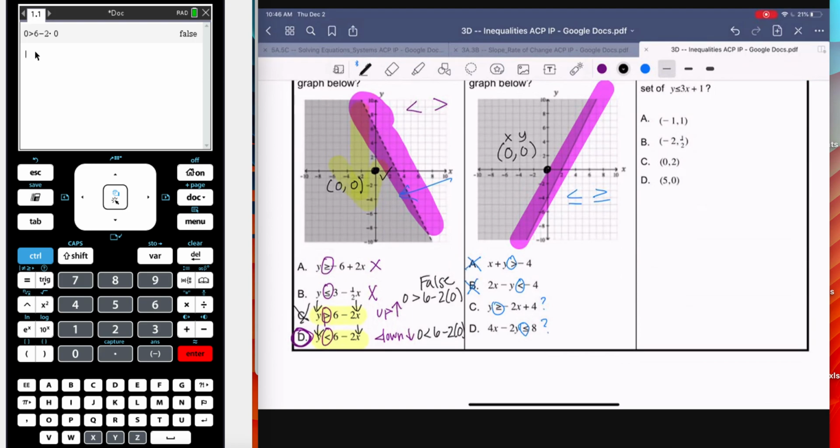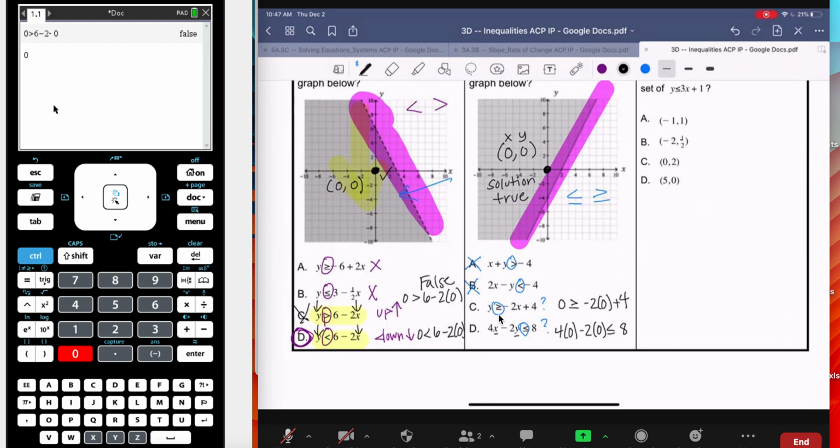If it is a solution, then the calculator is going to tell me that that inequality is true. So I'm going to write out C: replace y with 0, greater than or equal to negative 2 times 0 plus 4. And I'm also going to try D and see which one of these tells us that 0, 0 is a solution. So we do this in our calculator.